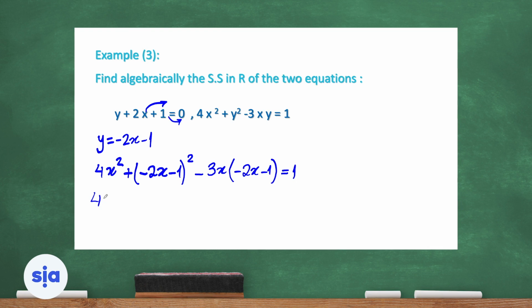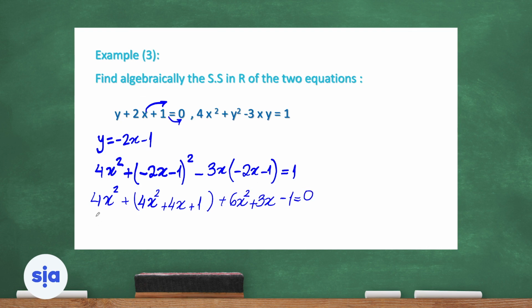So it's 4x squared plus, how to expand the binomial squared, it's 4x squared plus 4x plus 1, plus 6x squared plus 3x minus 1 equals 0.